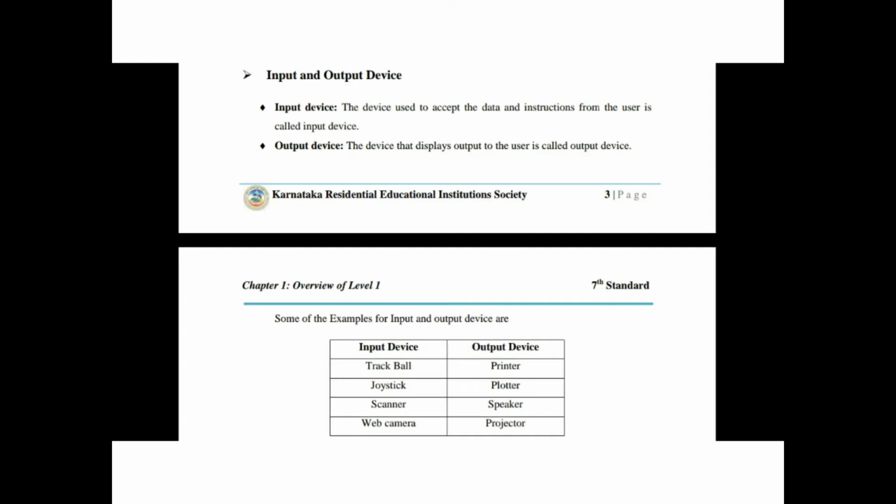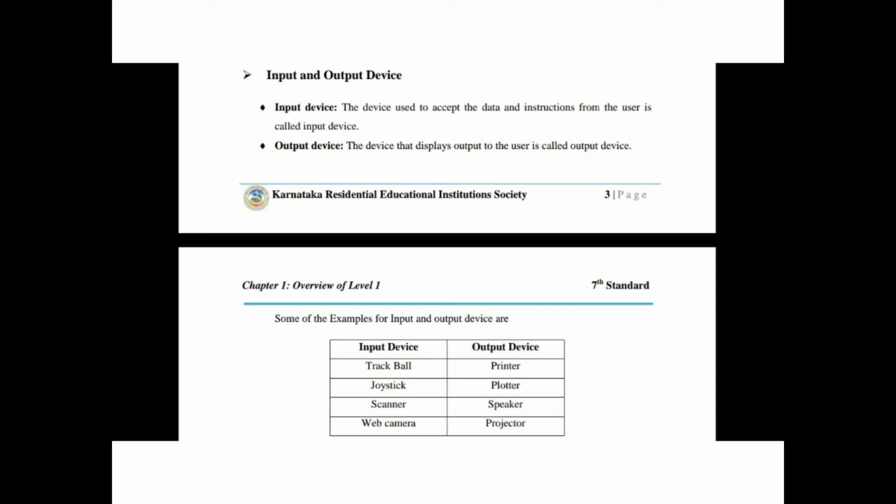See, here is a list of some devices. Input devices: trackball, joystick, scanner, web camera. These are all input devices. We have studied these peripheral devices in the last year in the 6th standard. And examples for output devices: printer, plotter, speaker, and projector.